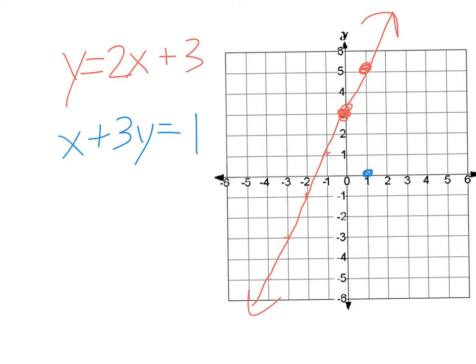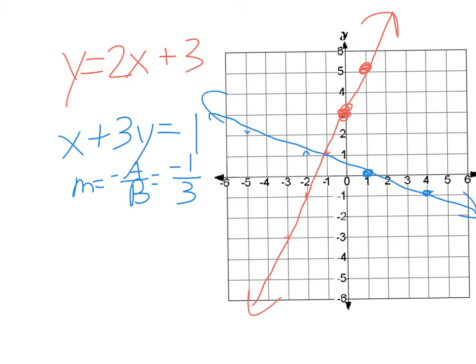And then I know the slope is negative a over b, which in this case is negative 1/3. So I go down 1 and over 3. And I'm just going to do a few more points here, and then I'm going to draw my line.